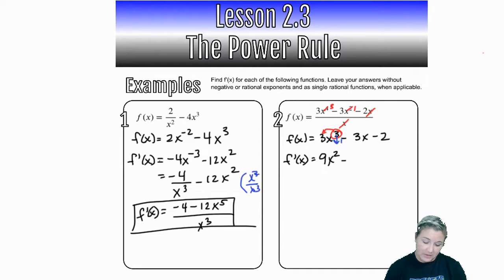So I'm going to multiply this coefficient, it's a 1, so 1 times 3. That's going to be 3. And then I'm going to knock the 1 down by 1, which is going to be 0. So you just leave it 9x squared minus 3.